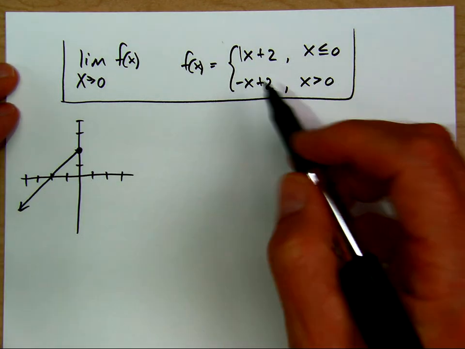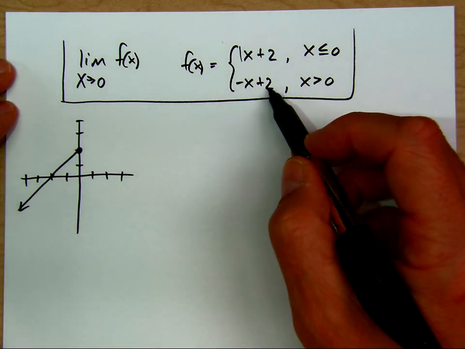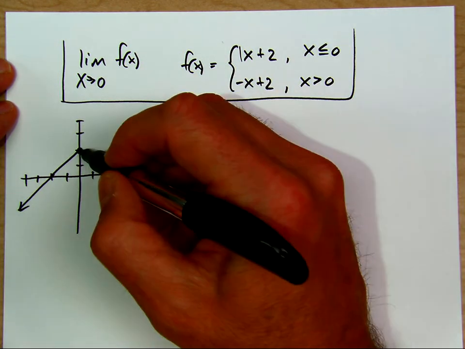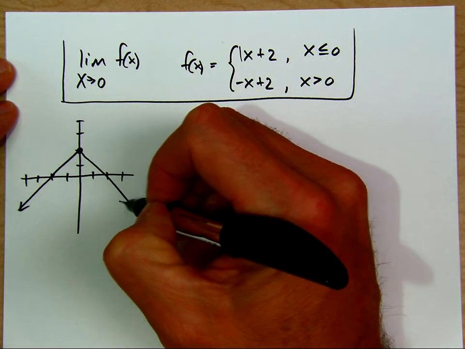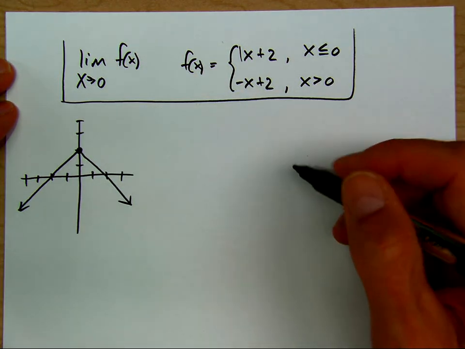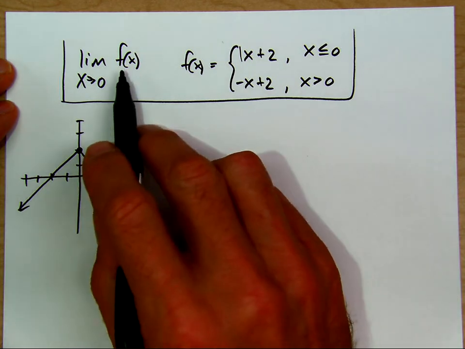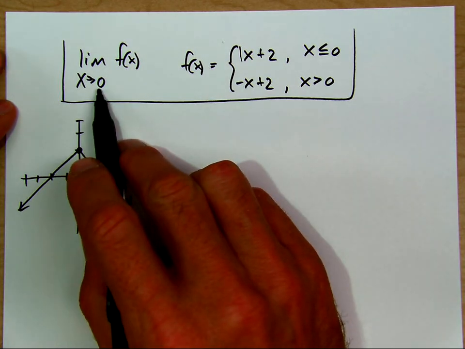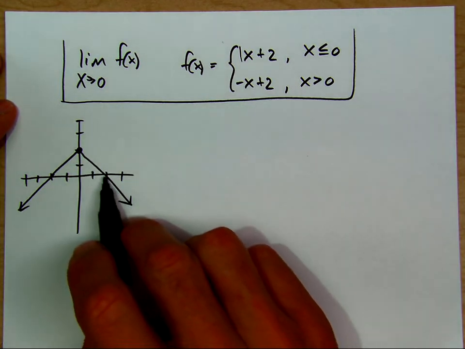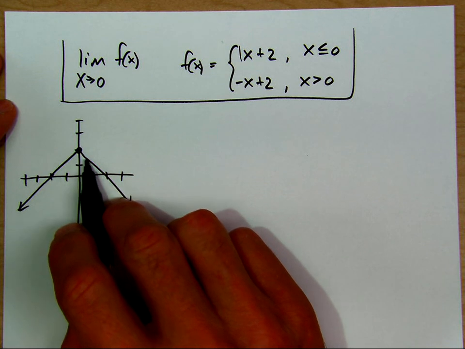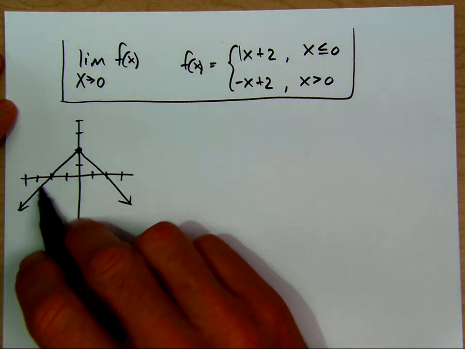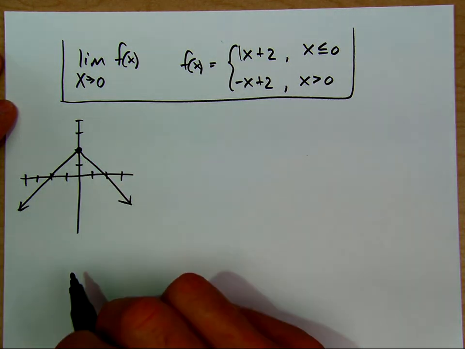To the right of 0, we have a y-intercept of 2 and a slope of negative 1. And what's happening to the y value as x goes to 0? Follow the graph from the right. The y value is approaching 2. From the left, the y value is approaching 2. So the limit is 2.